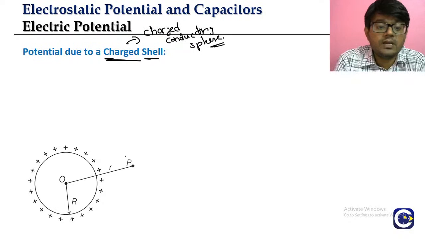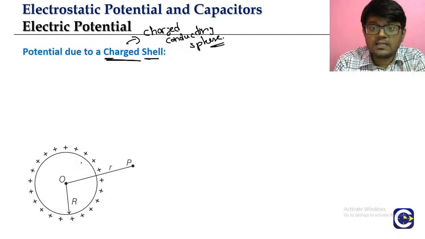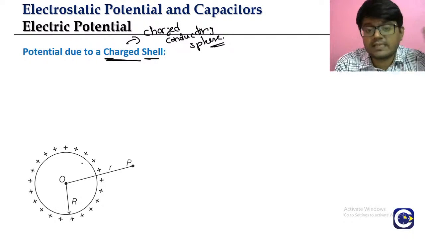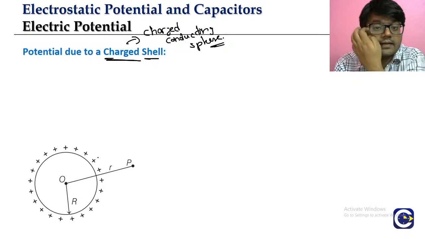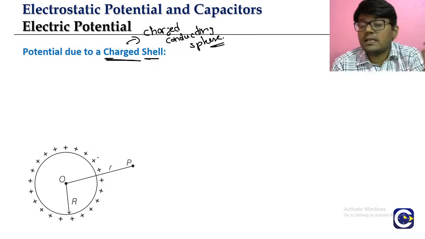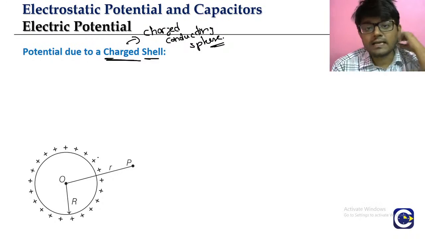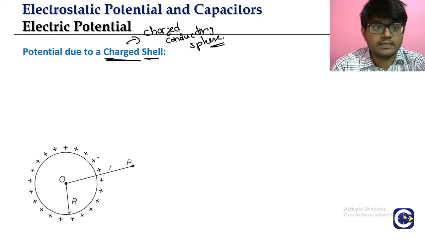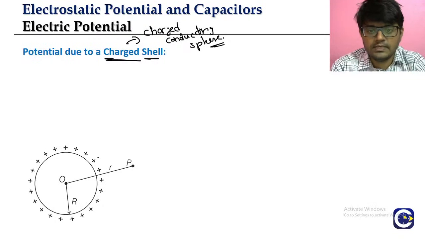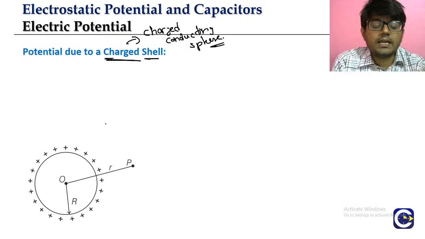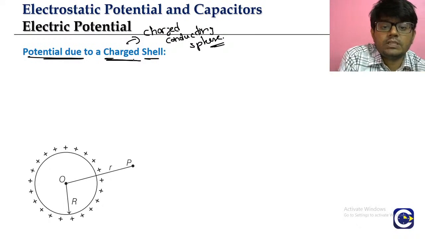The charge will be on the outer surface, for the conducting sphere also. So the electric field due to the spherical shell is the same as that due to the conducting sphere, as we discussed in the electric field derivations. Now we want to find the potential due to the charged shell.